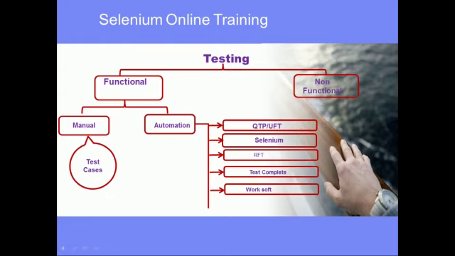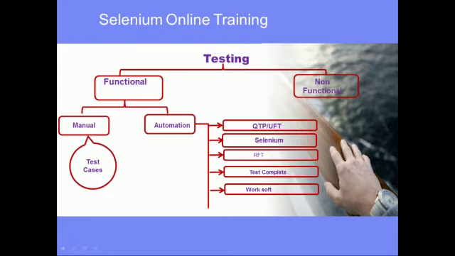After writing the manual test cases, we just need to analyze them and know the automation concepts, how to convert those manual test scripts into automation test scripts. Based on my experience, compared to manual, automation is very easy, right? We just need to know how to convert manual test cases into automation test cases.